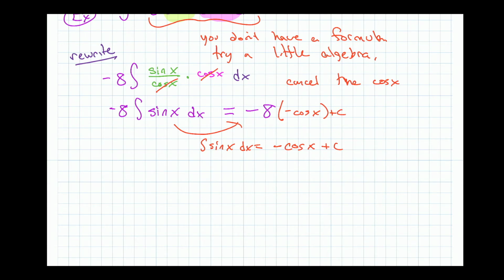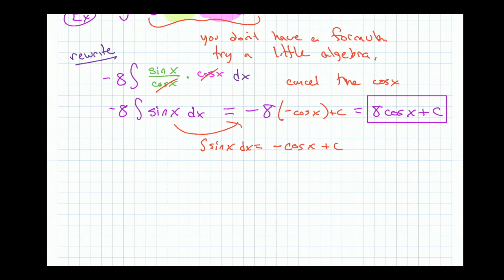And then the -8 and the negative cosine will actually make it +8 cosine. Okay, so you're just doing a little bit of algebra and then using one of the basic formulas.